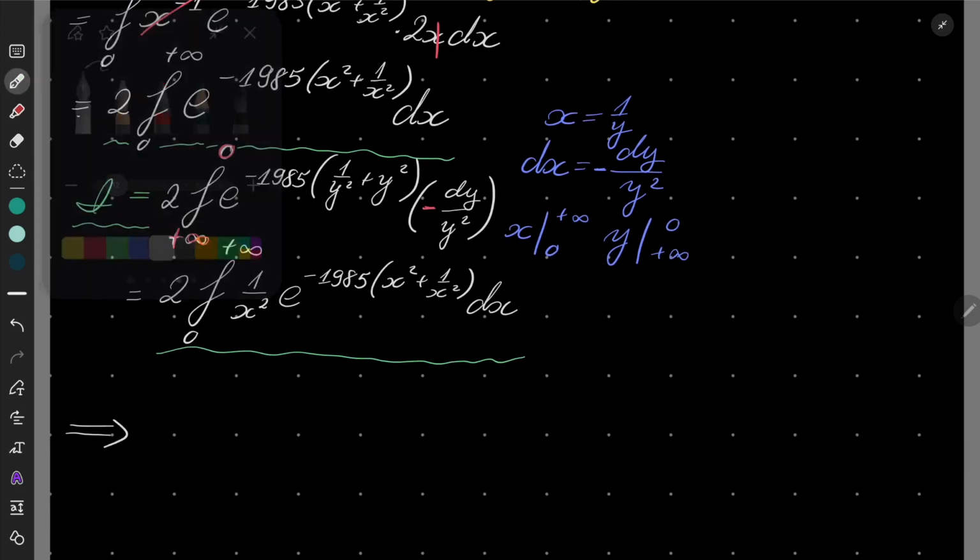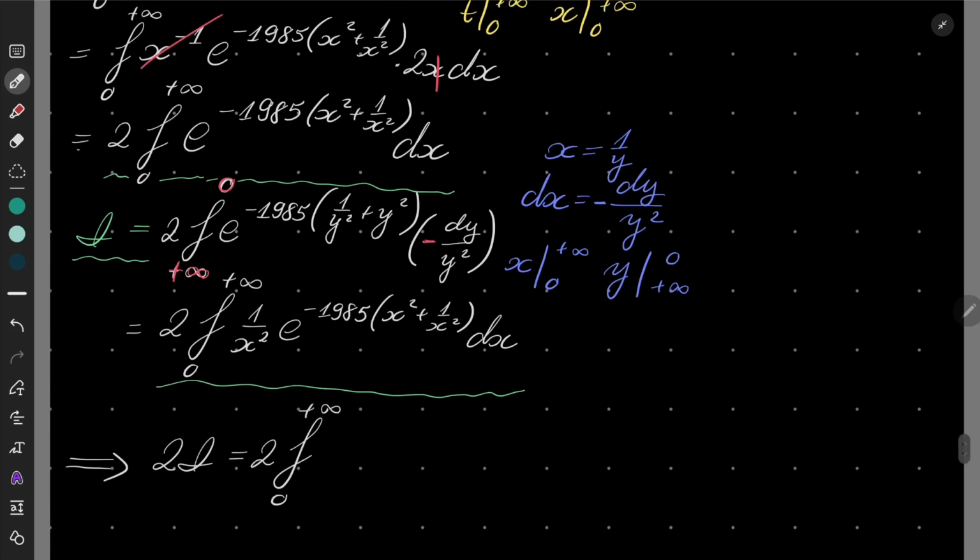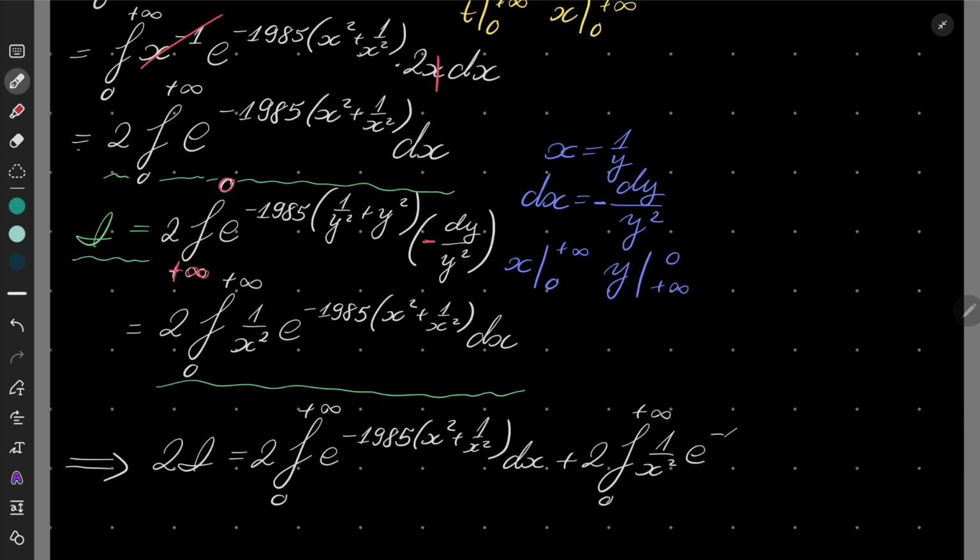And we can deduce the following. 2 times I is 2 times the integral from 0 to plus infinity of e to the power minus 1985 (x squared plus 1 over x squared) dx plus twice the integral from 0 to plus infinity of 1 over x squared e to the power minus 1985 (x squared plus 1 over x squared) dx.